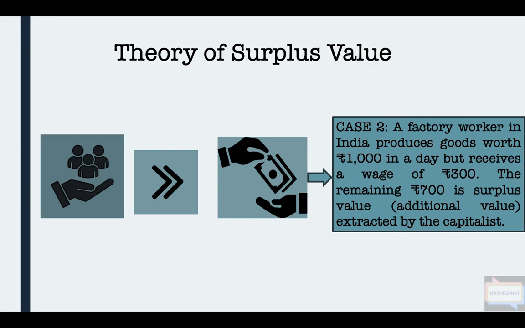The difference between the value produced and the wages received, which is 700 in this case, is the surplus value, that is the additional value that goes to the capitalist as profit. Marx theory suggests that this surplus value is a result of the exploitation of workers' labor within the capitalist system. So the capitalists take a portion of the value produced by the worker as profits, while the worker does not receive the full value of their labor.